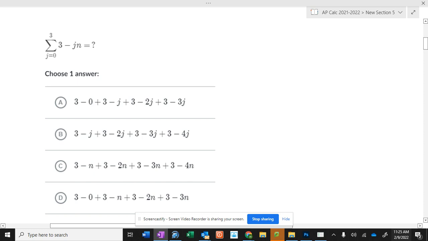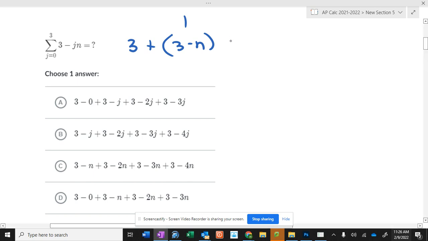If we stick 1 in for j, what do we get? 3 minus n. So the first term is 3 if we put in a 0 for j. If we put in a 1 for j, we get 3 minus n. n is just n.